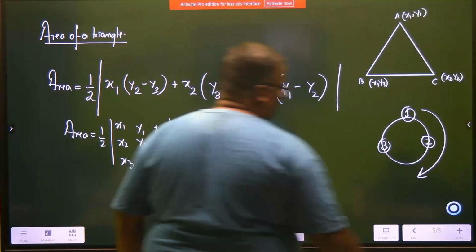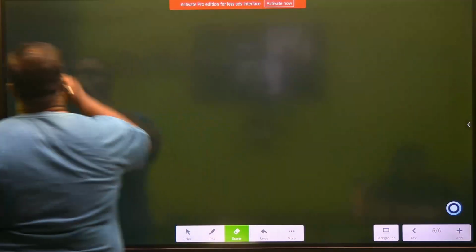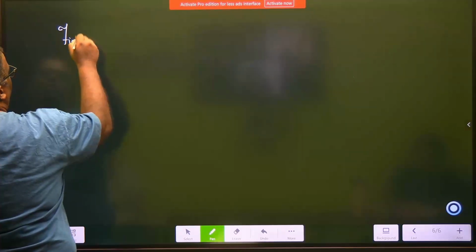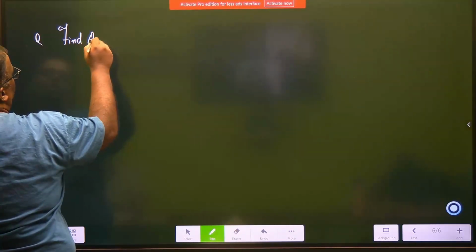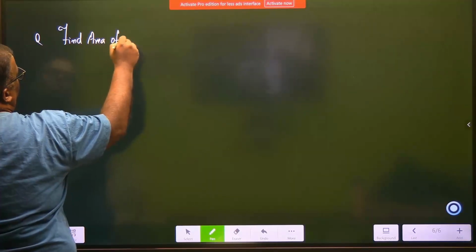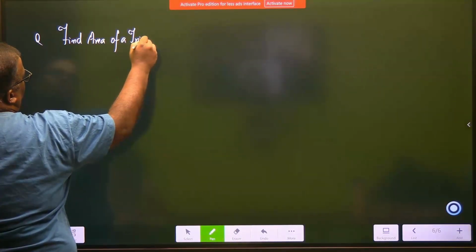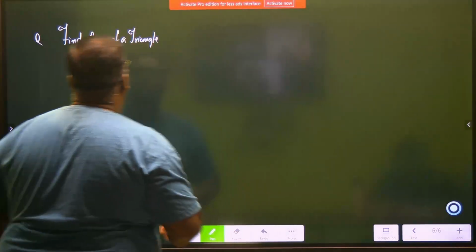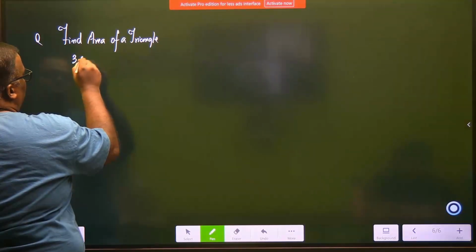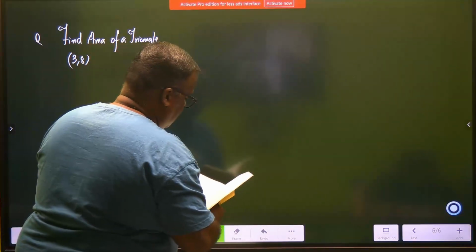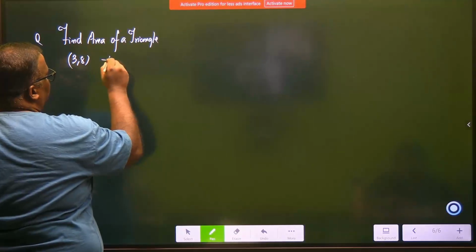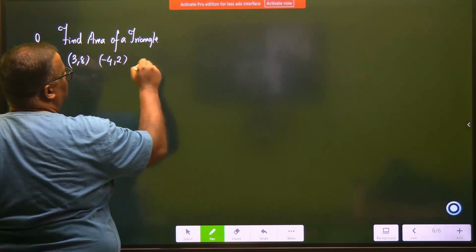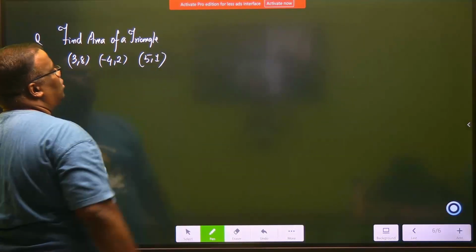Fine. So let's do one. Find area of a triangle, and let's see what the vertices are. The vertices are 3, 8, and then -4, 2 and 5, 1.